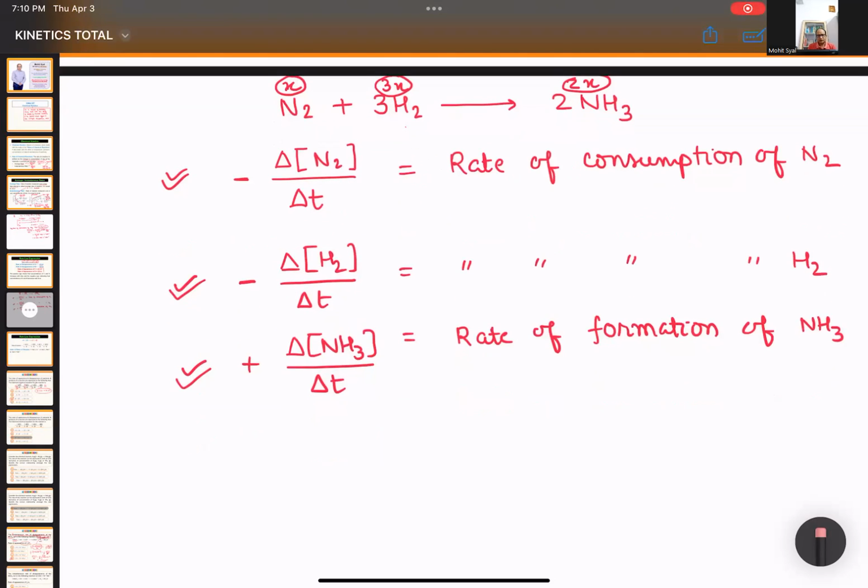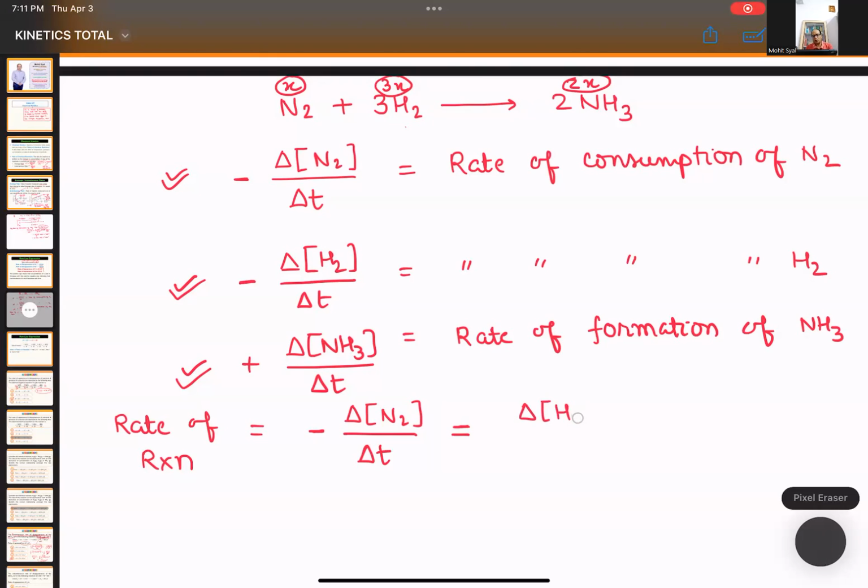So in order to connect all the 3, I will write it like this. Rate of this reaction is equal to minus delta N2 by delta T, because it is being consumed, equal to, and we know that this is not equal, because hydrogen was being consumed at thrice the rate of nitrogen since its coefficient was 3.